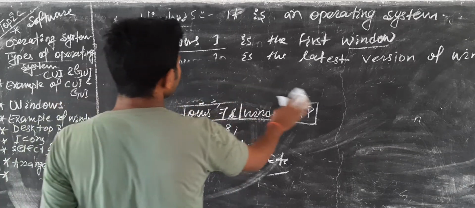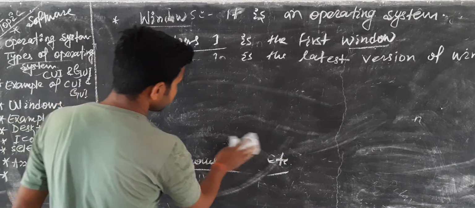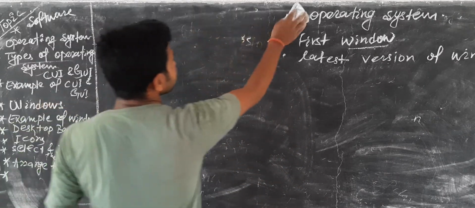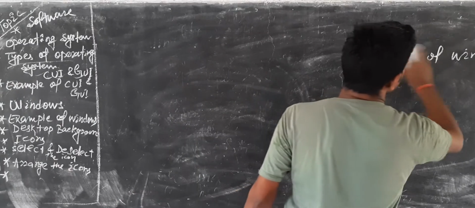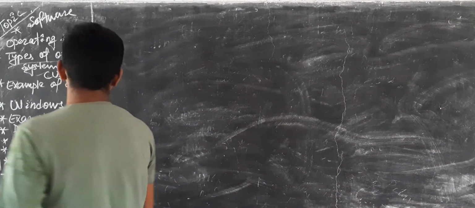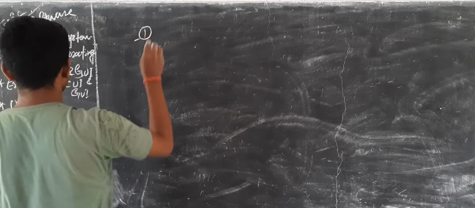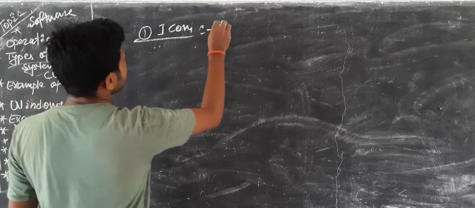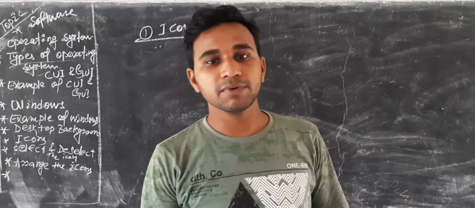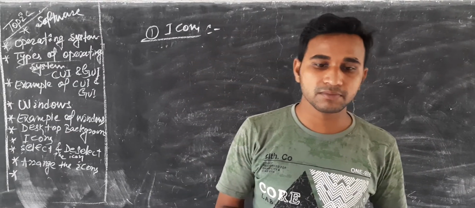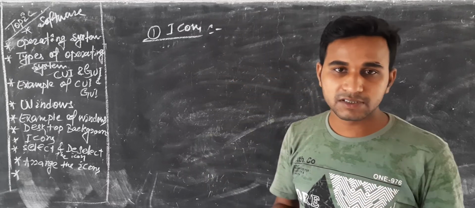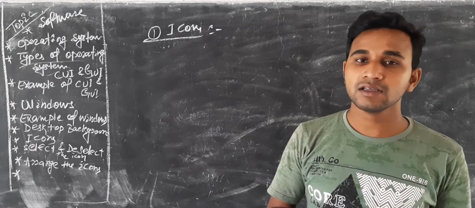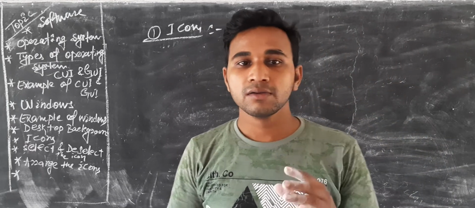When we install it, next is the icon. An icon is a small picture on the desktop screen. It represents any file, folder or program.